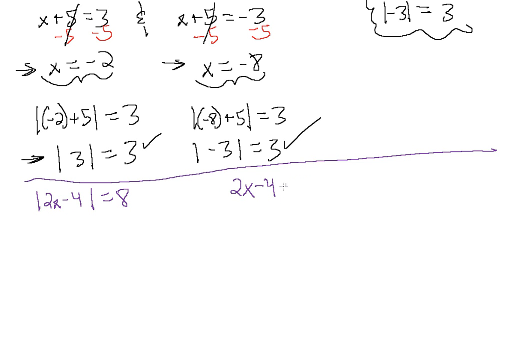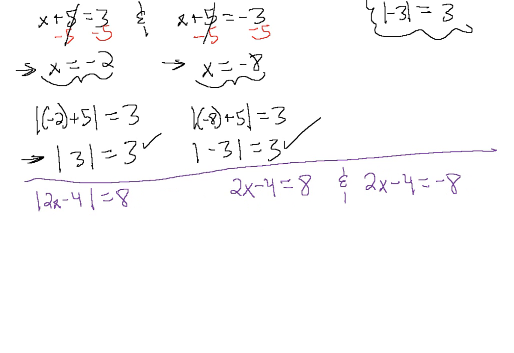The expression inside the absolute value bars can either equal a positive 8, or the other possibility is that 2x minus 4 can equal a negative 8. Regardless of whether it equals 8 or negative 8, if we put absolute value bars on it, we're going to get a positive 8 every time.